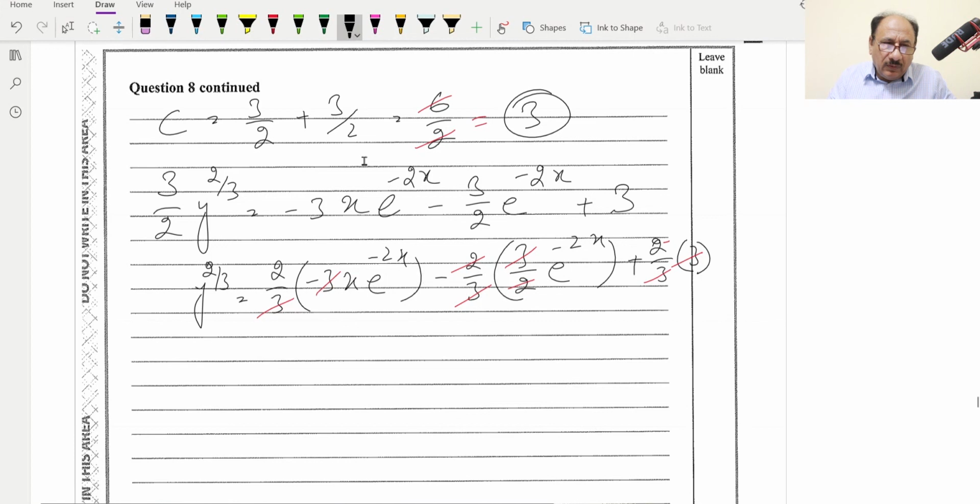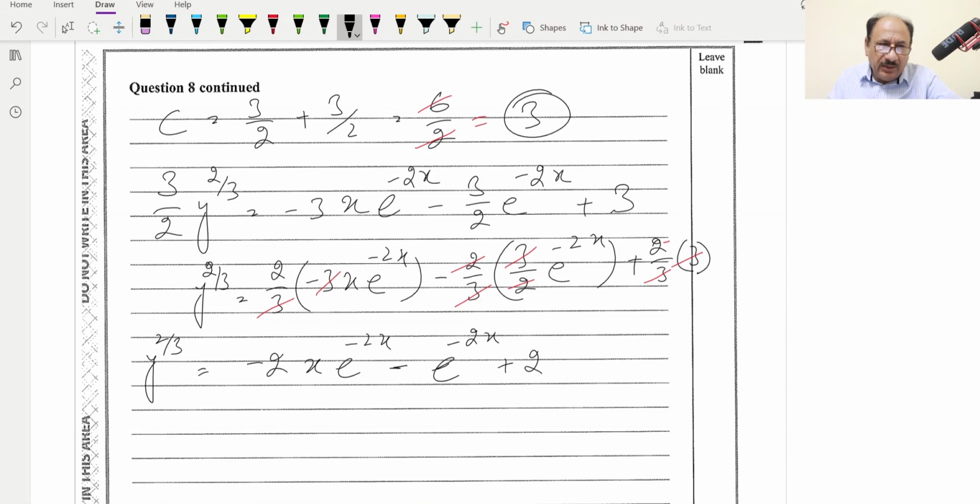So now after cancellations, our remaining terms will be y raised to power 2 over 3, equal to minus 2x e raised to minus 2x, minus e raised to the power minus 2x, and plus the remaining one, which will be 2.